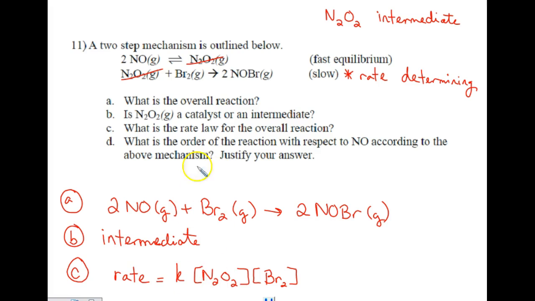So if we rewrite the first step, we can say that the concentration of N2O2 is equal to concentration of NO squared.